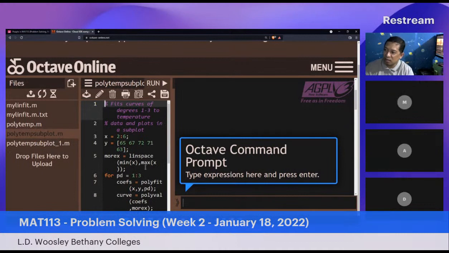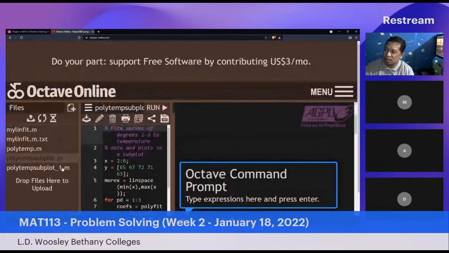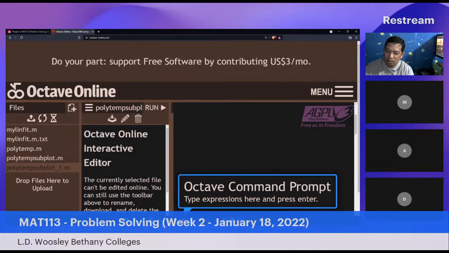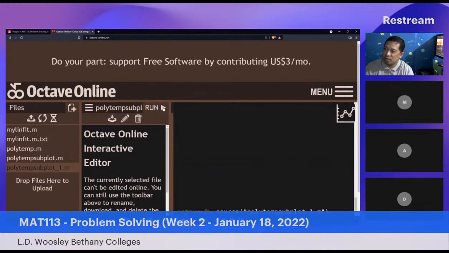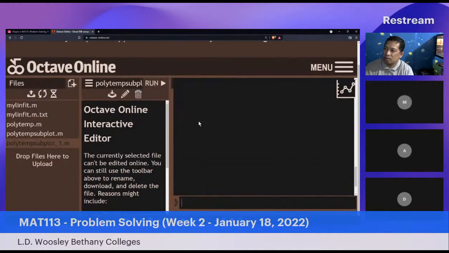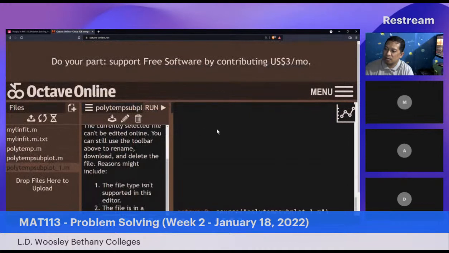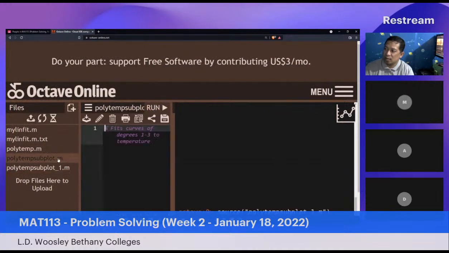Ito yung ginawa ko kanina, pero ito, hindi makita eh. Hindi mo siya maaaring ma-edit kasi itong .m.